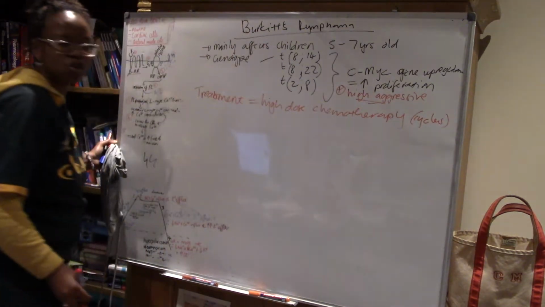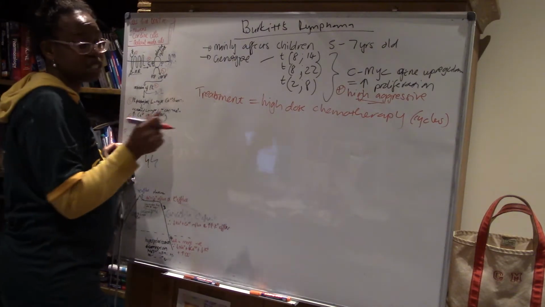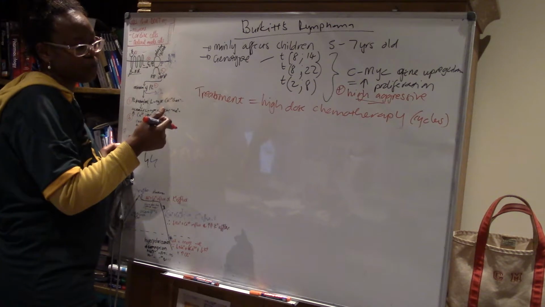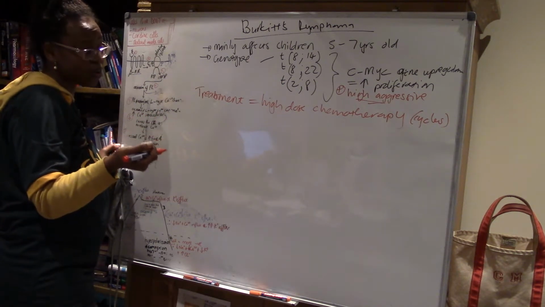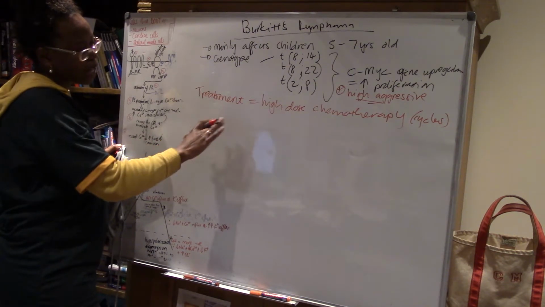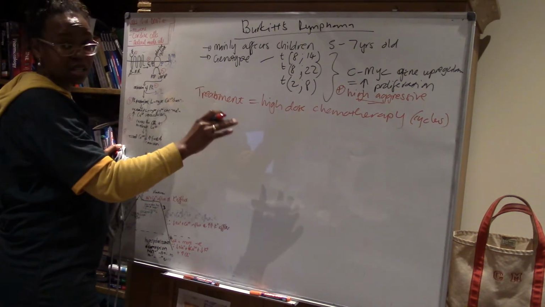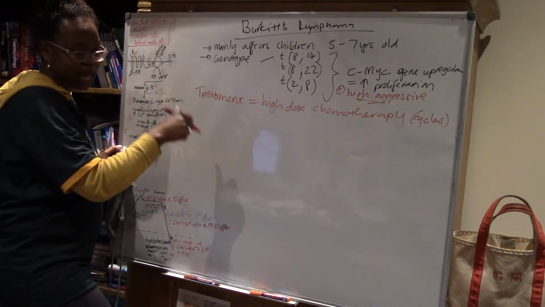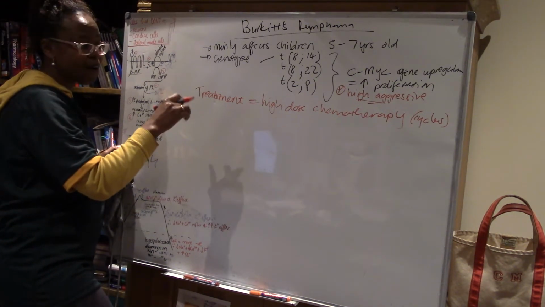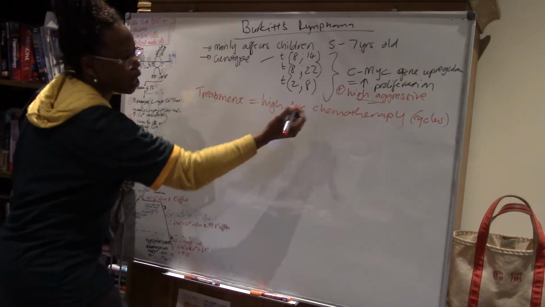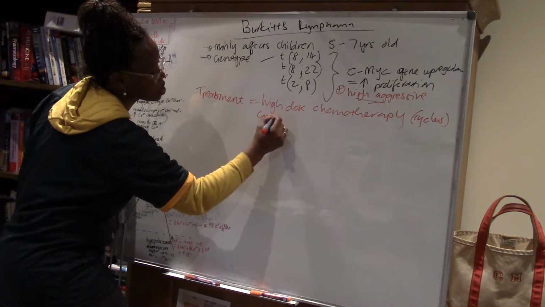This is not at all like the other ones where you give rituximab and then wait a little bit to see how things progress. This is a highly aggressive cancer, and high dose cycles of chemotherapy have to be given. It can be cyclophosphamide, vincristine, there are combination high dose chemotherapy cycles and combinations as well.